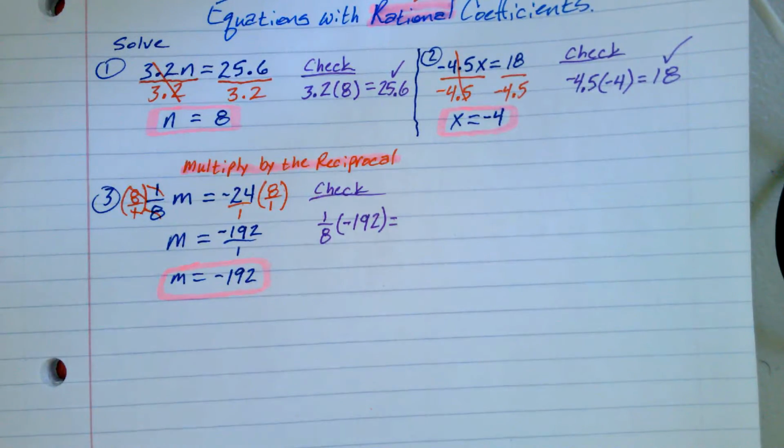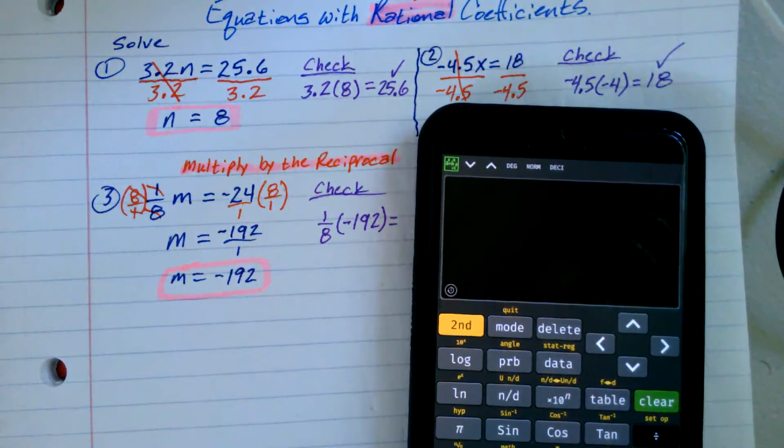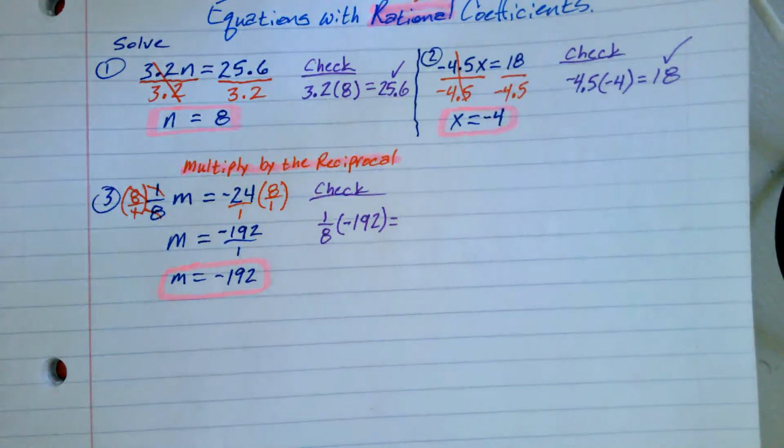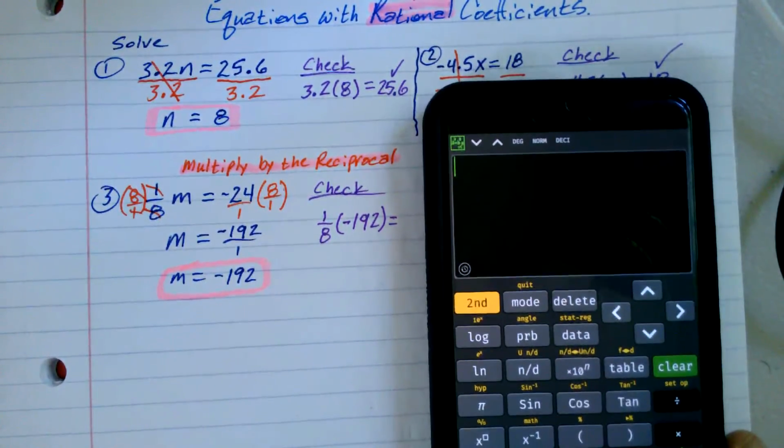I lost my calculator here. Okay, here we go. Let me clear that. So I got 1/8. 1 divide 8. That's 1/8 basically. And I'm going to multiply that by negative 192. And let's see what that gives us. Oh, I guess I can't do it that way. Oh, how rude. Oh, that's right. This calculator is a little different from the other one I use. Let me try that again.